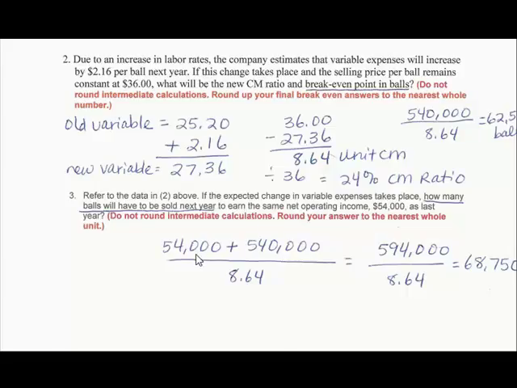Now we're going to use our target profit shortcut formula, where we take target profit, that's 54,000, plus the fixed expenses, and divide by the unit CM. And because I'm referring back to the data in part 2, I'm going to use this new unit CM to figure this out. So here I've done that. My answer when I divide is 68,750 balls that I need to sell now in order to earn the same amount of net operating income, 54,000.